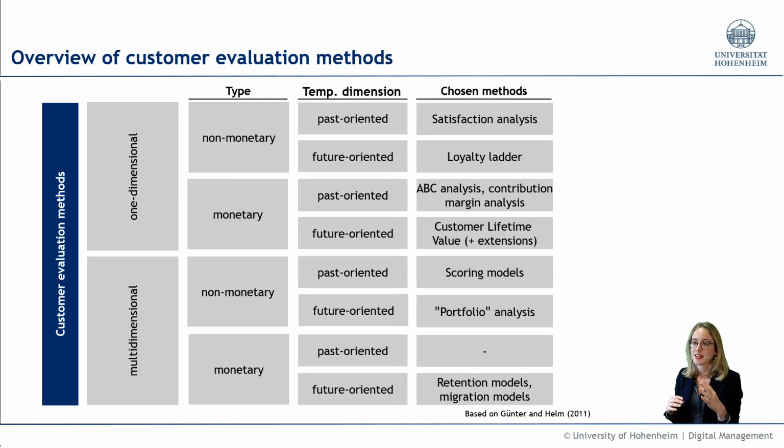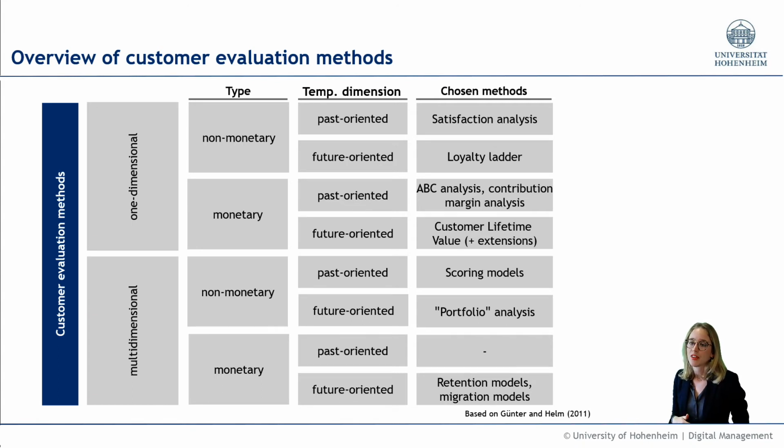And it's the same pattern in each of the two types. So in each type, we differentiate between non-monetary and monetary types, so called subtypes. And we also look at the temporal dimension. So is the method past-oriented or future-oriented? And then we identified the particular methods.